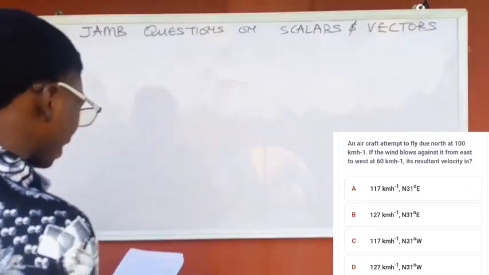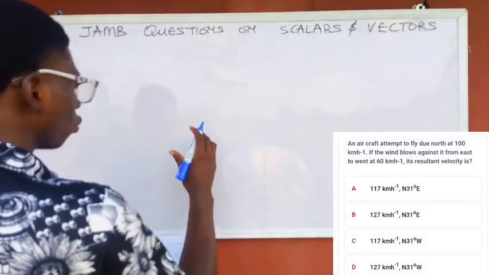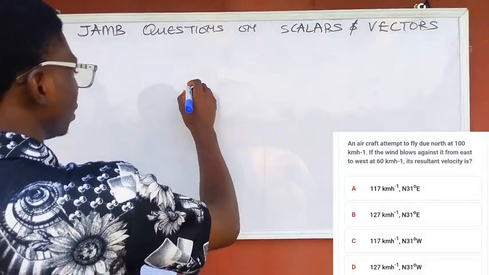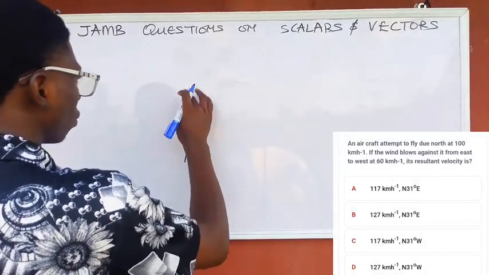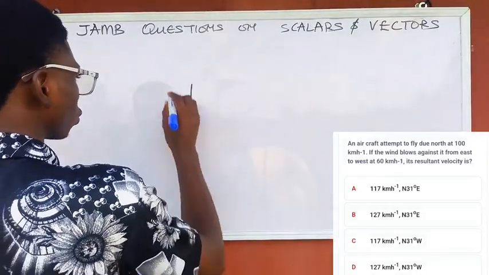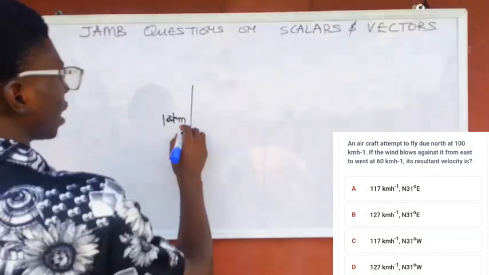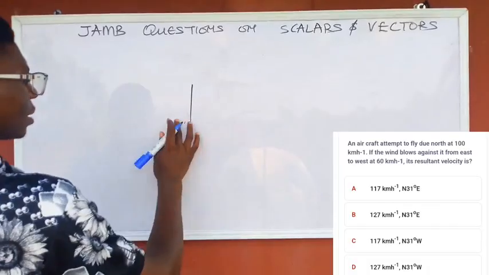Now, an aircraft attempts to fly due north at 100 kilometers. This is the initial velocity or the initial direction of the aircraft. They said due north, 100 kilometer per hour due north. Let me just write it very well.